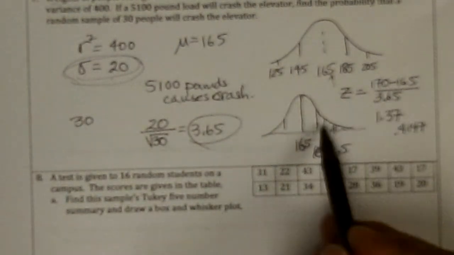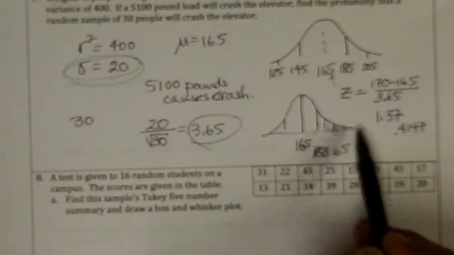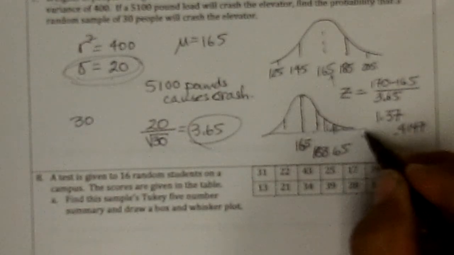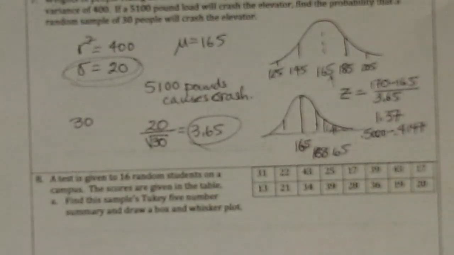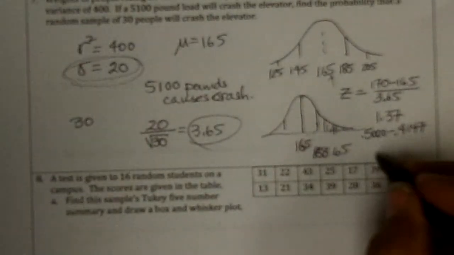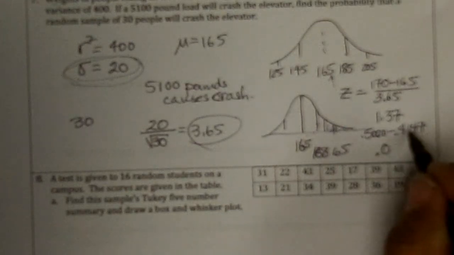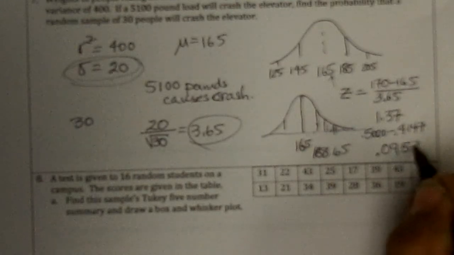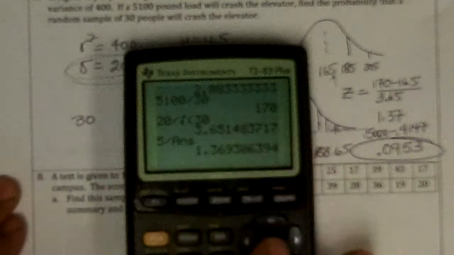That would be the probability from 165 to 170, and I want to know what's above that, so I take 0.5 minus that, and I would get 0.0953.